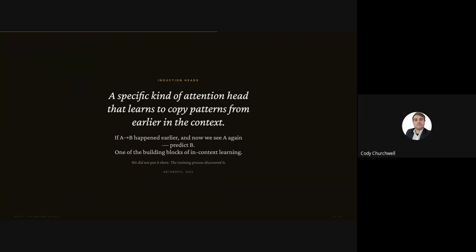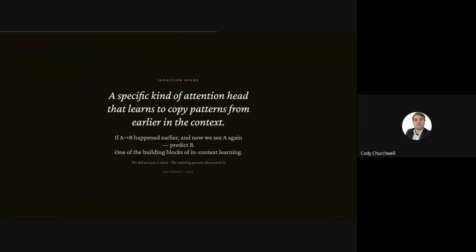One of the heads we have figured out, back in 2022, Anthropic published this, is called an induction head. An induction head is a specific kind of attention head that learns to copy patterns from earlier in the context. The pattern: if A then B happened earlier, and now we see A again, predict B. That's it.